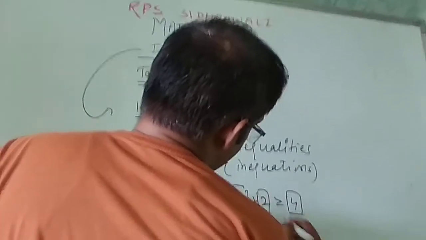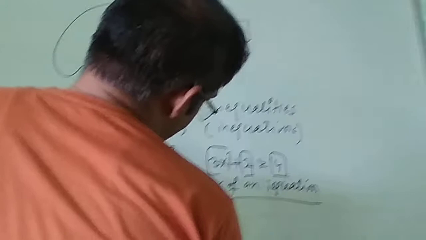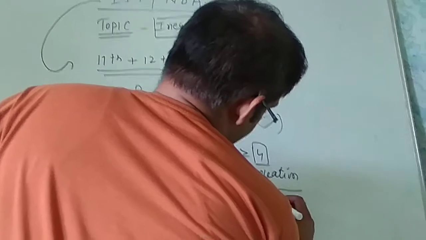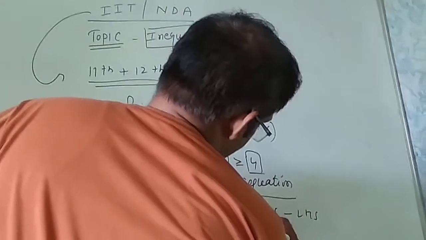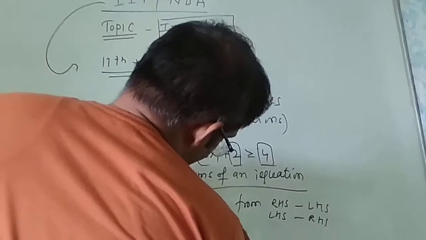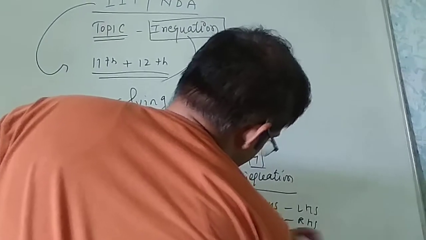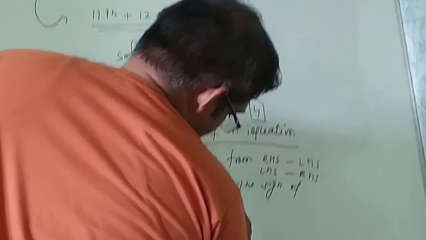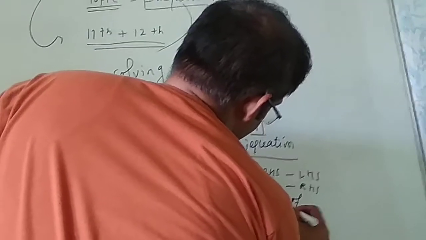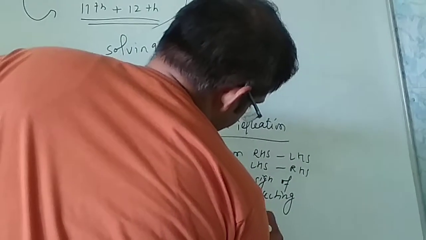So in the third rule, we can shift any term from the right hand side to the left hand side, or from the left hand side to the right hand side, with changing the sign of the term and without affecting the sign of inequality.